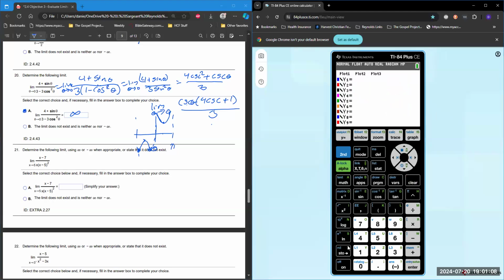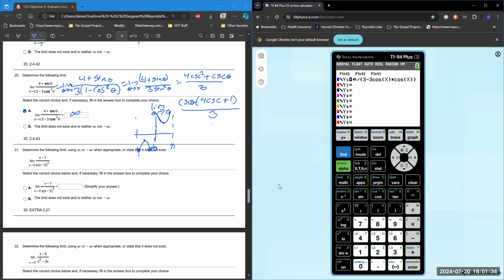It's going to be 4 plus sine of x divided by 3 minus 3 cosine of x times another cosine of x.